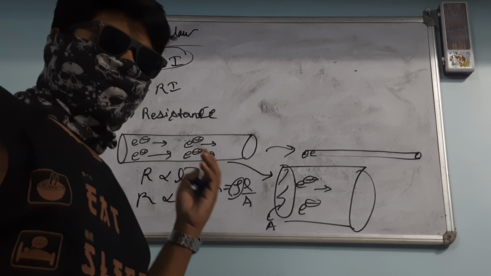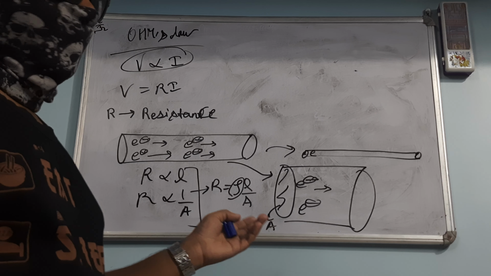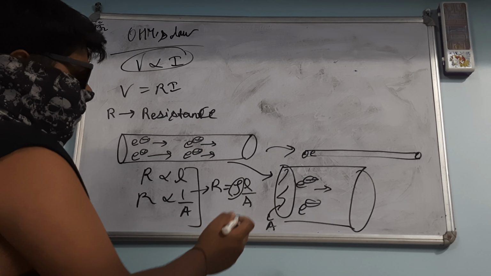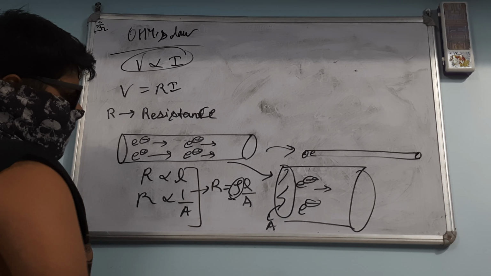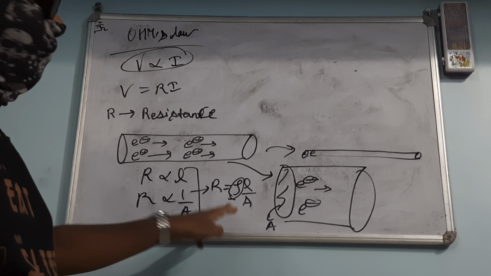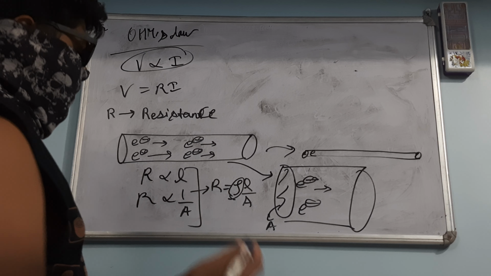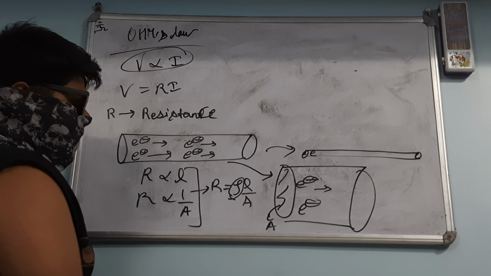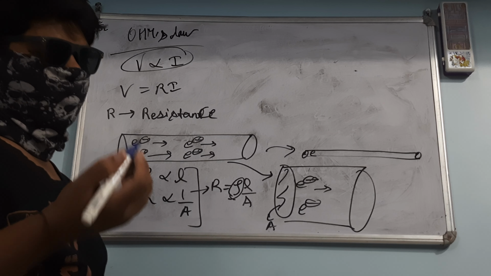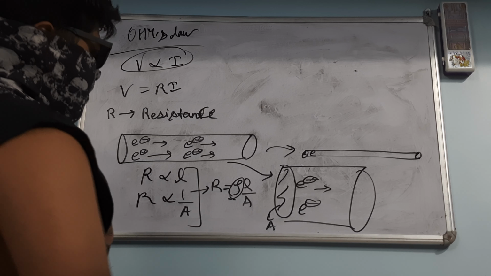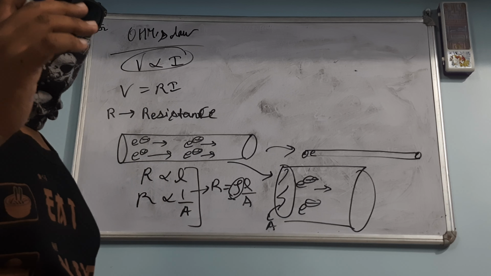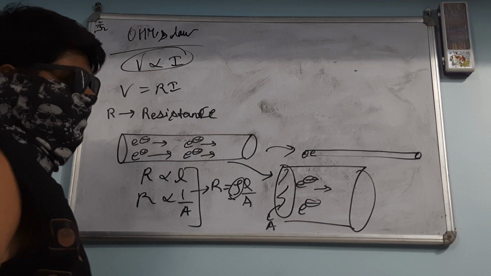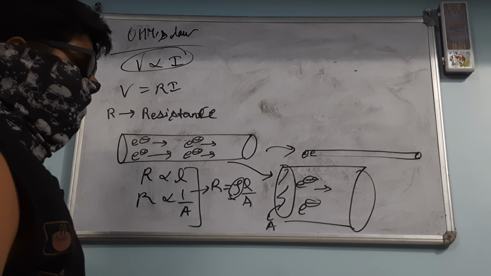Resistivity is the characteristic property of that medium. It depends on the material of the medium, and it's the proportionality constant here. Resistivity is inversely proportional to conductivity, because as the resistivity increases, the conductor will conduct less.